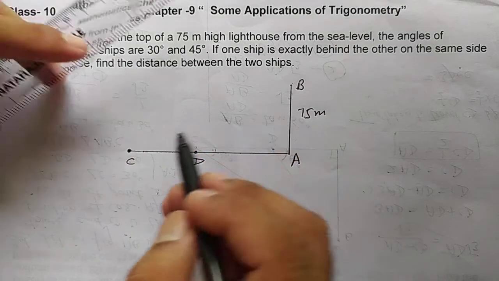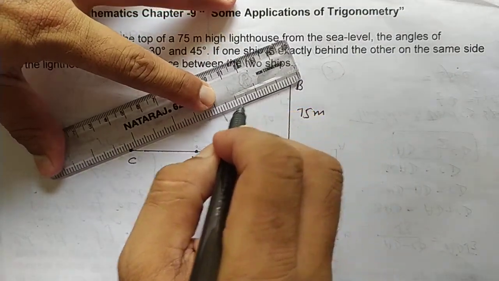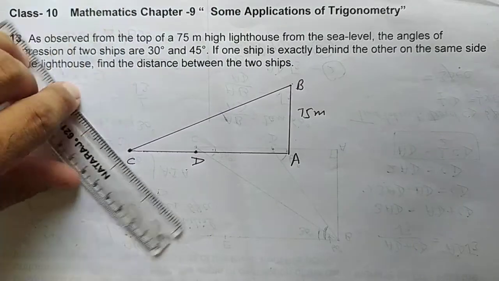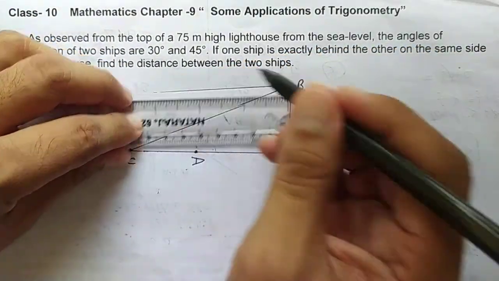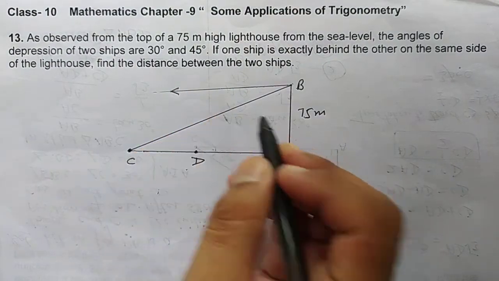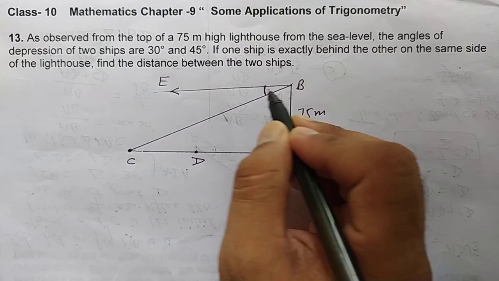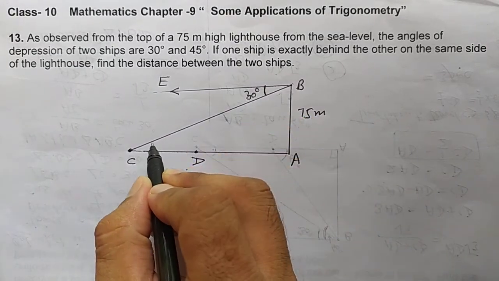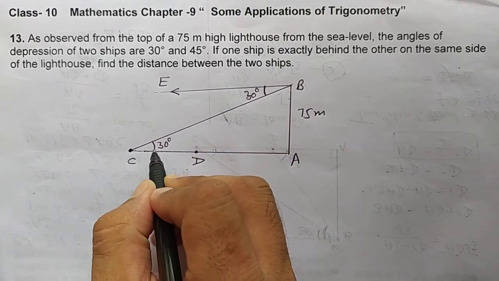Okay, see how. So suppose the first ship is at point C. So this is the ray of sight, and this is the horizontal of the eye of the observer. So suppose this is point E. So this angle is 30 degree, right? So this will also be 30 degree because these both are alternate interior angles.